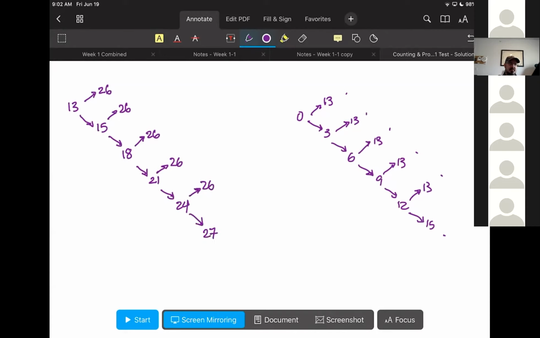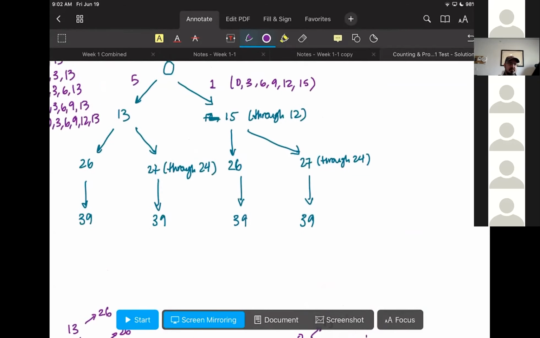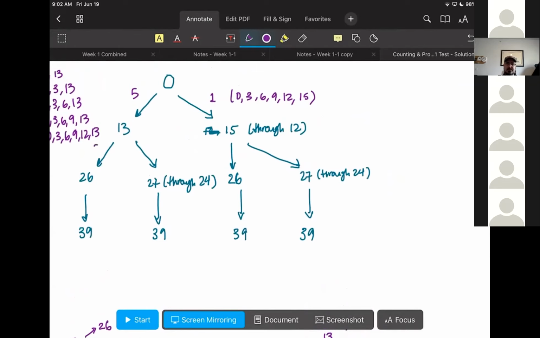So from 13, there's again 5 ways to get to 26, and 1 way to get to 27 without going through 26. So I'm going to fill this out: 5 ways to get to 26, and 1 way to not go through 26.